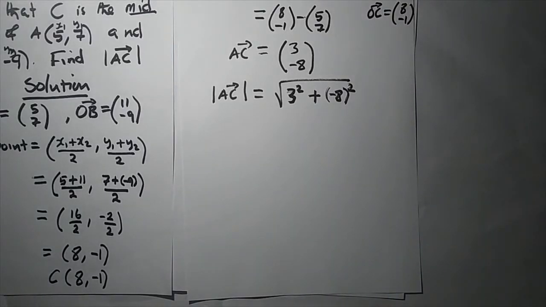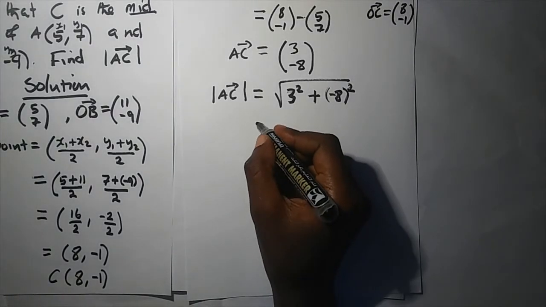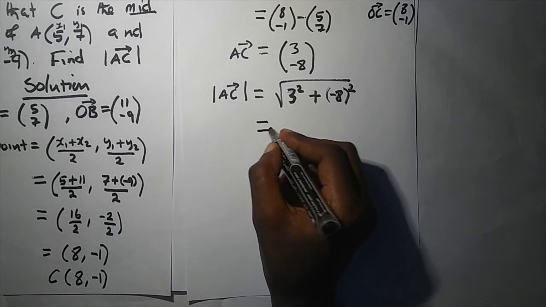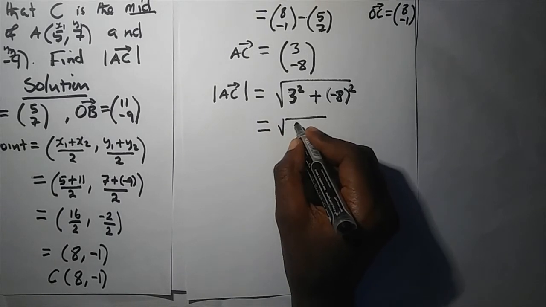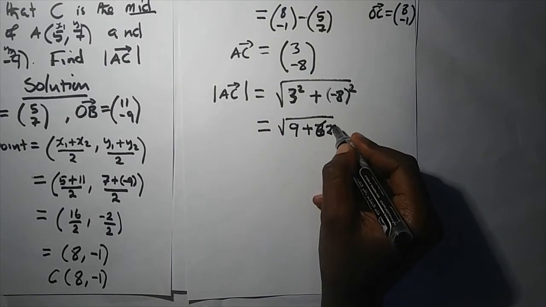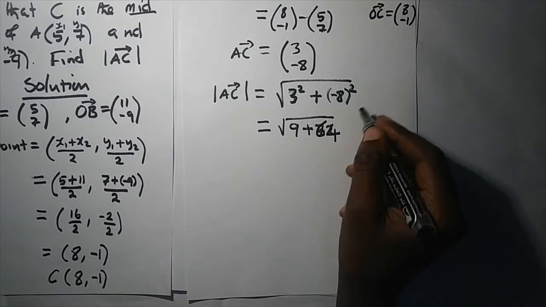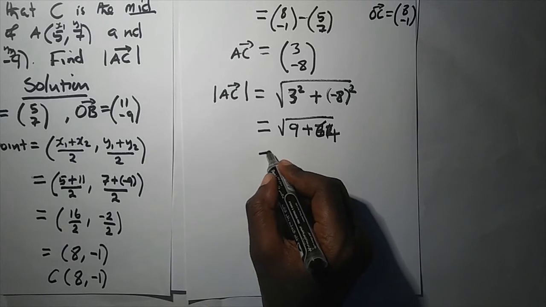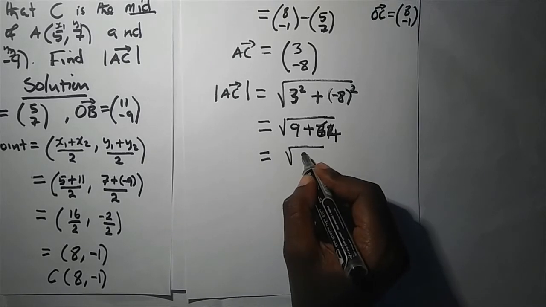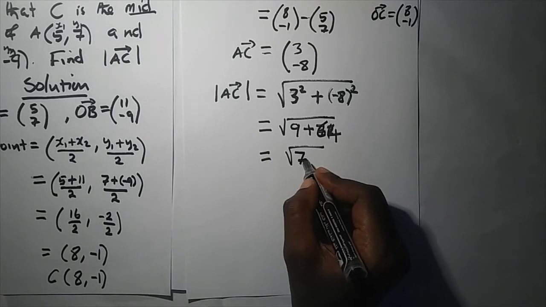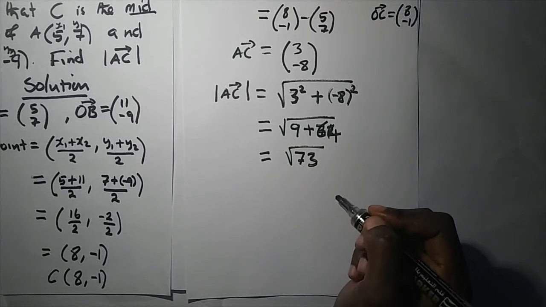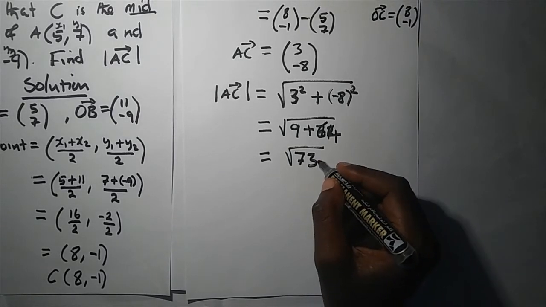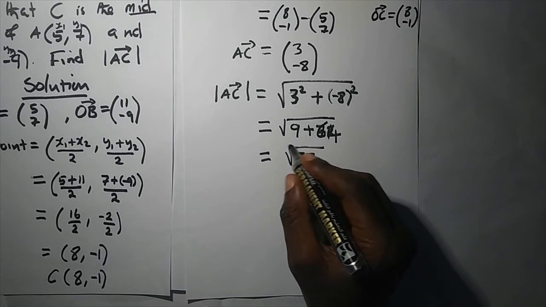Now that we have these two, we are going to have the square root of 9 plus 64, since 8 squared is 64. When we add these two, we are going to have 73. And so the square root of 73 is our answer for this question.